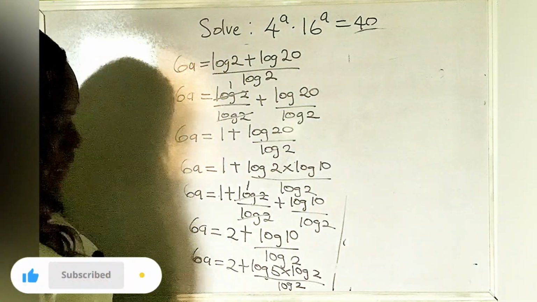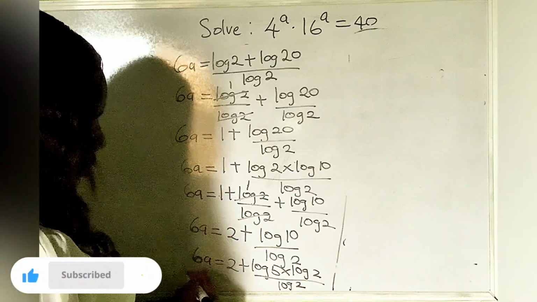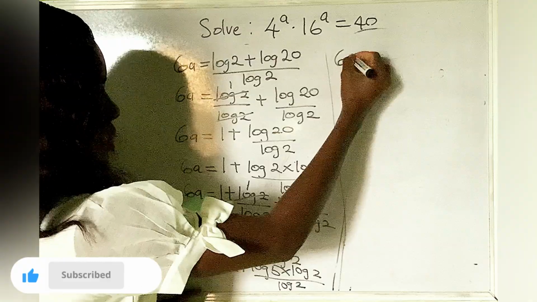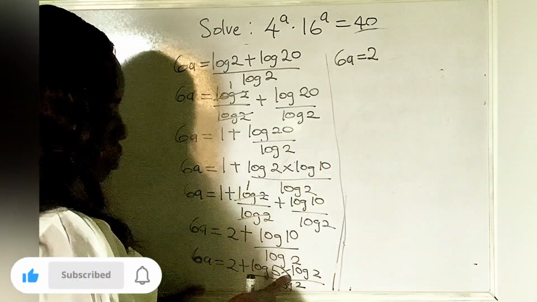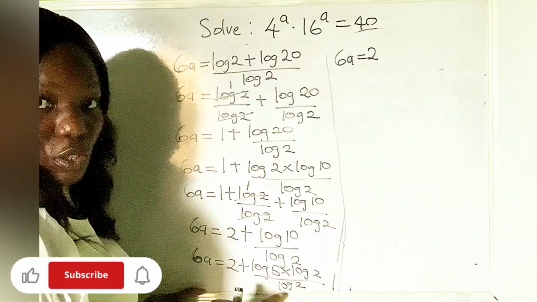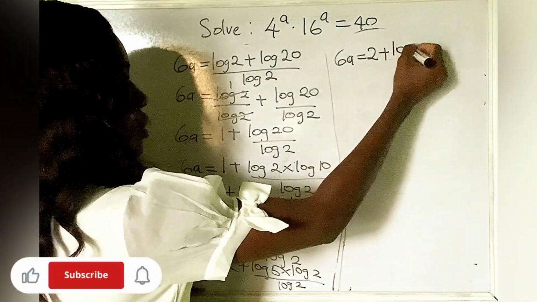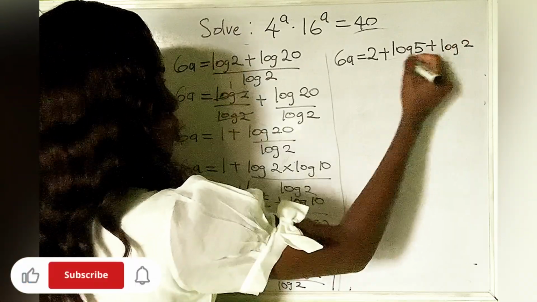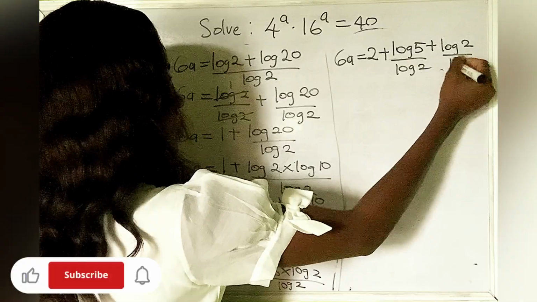Okay, now we have 6a, right? 6a is equal to 2. This multiplication becomes an addition now. 2 plus log 5 plus log 2 over log 2.